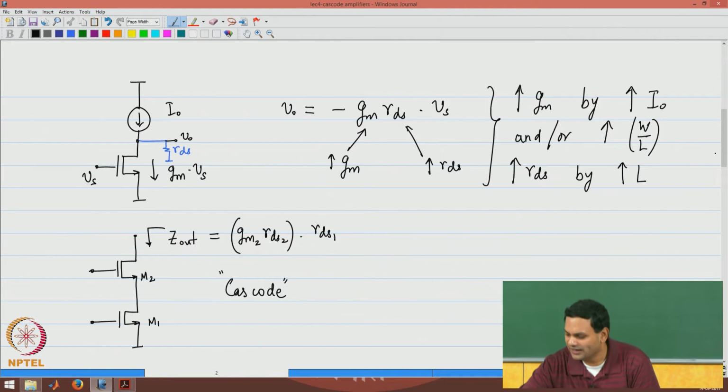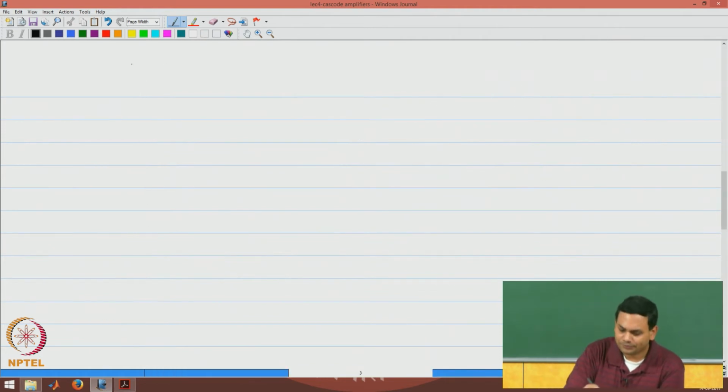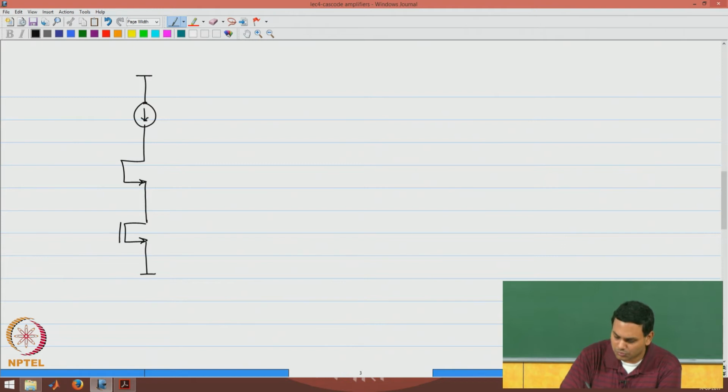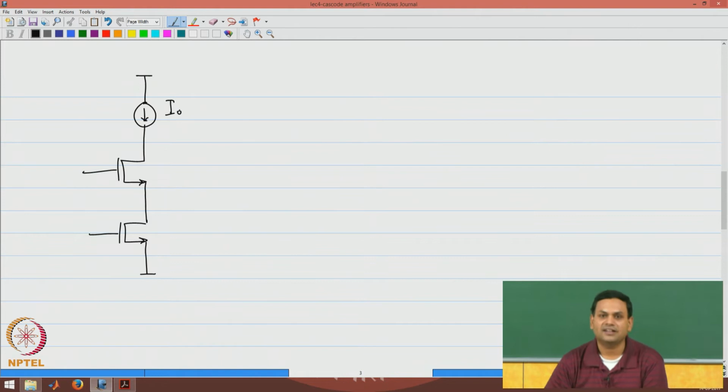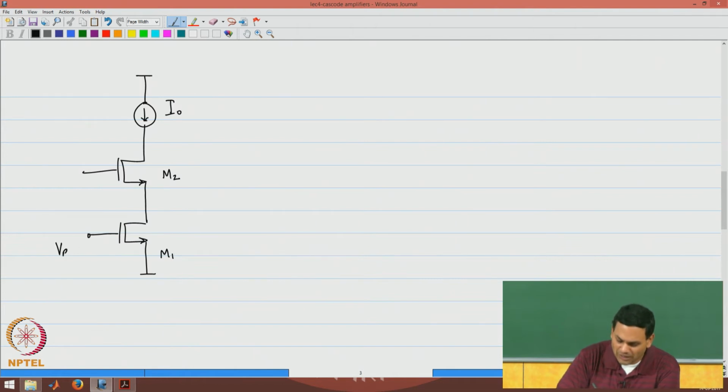So, let us see what a cascode amplifier will look like. If I were to build a cascode amplifier, I have a single current source I naught. I will again call these devices M1 and M2, and I am going to apply an appropriate bias voltage VB1 plus the signal at the gate of M1.